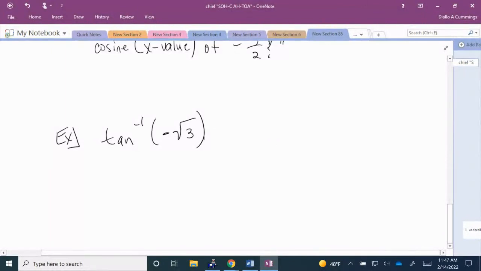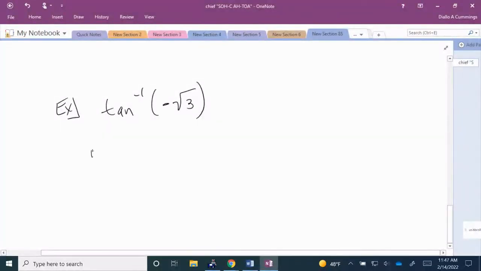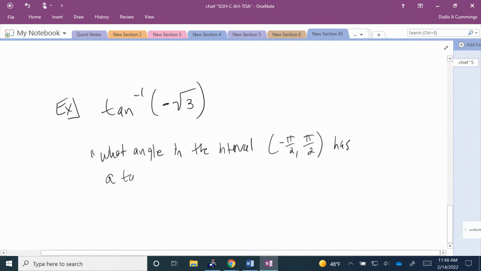First we're going to just write out the interpretation. We're going to interpret this as what angle in the interval from negative pi over 2 to pi over 2 has a tangent value, which is y over x, of negative square root of 3.